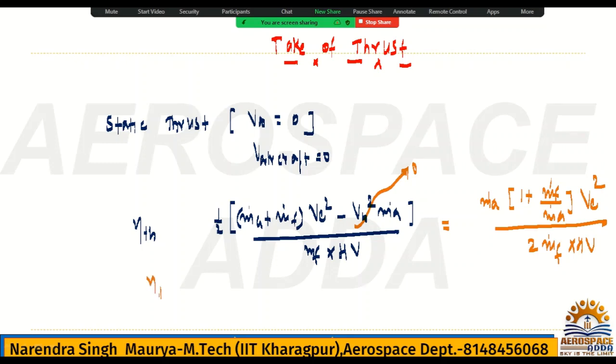So this eta th is nothing but m dot a times (1 plus small f) V exit square divided by 2 times m dot f into hv. We can say this is equation number 1.